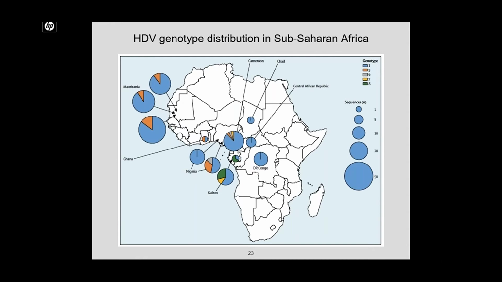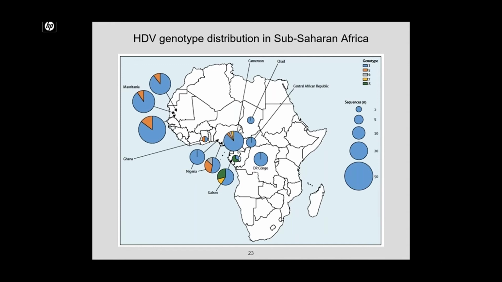So this varied geographic and genotypic distribution has also led some studies to say that hepatitis D probably originated from Africa, with such varied genotype distribution. Also, studies from Turkey and other countries have shown that an ancient form of genotype 1 of the hepatitis D virus has been found in those areas.